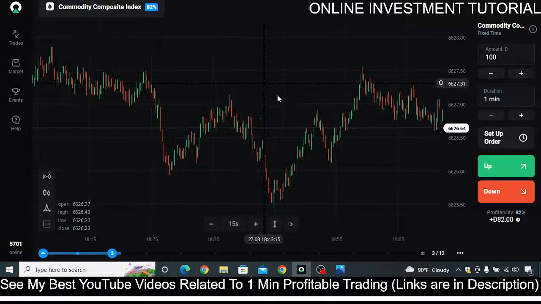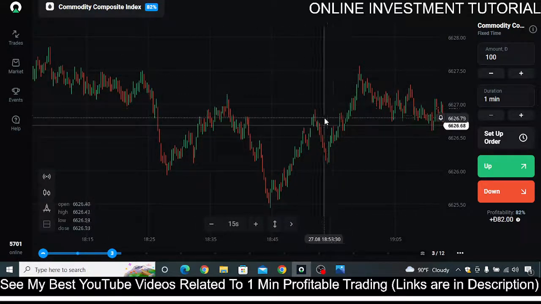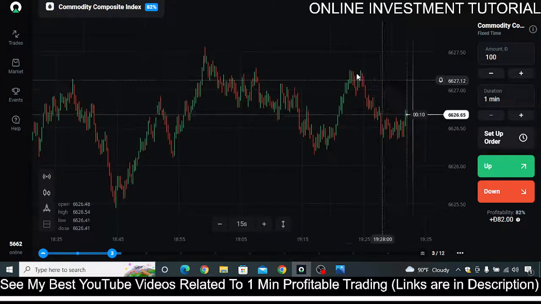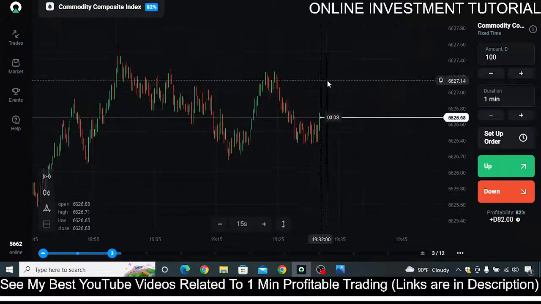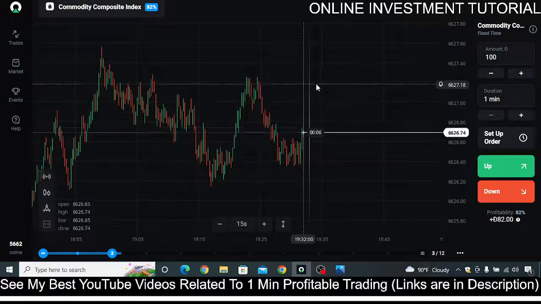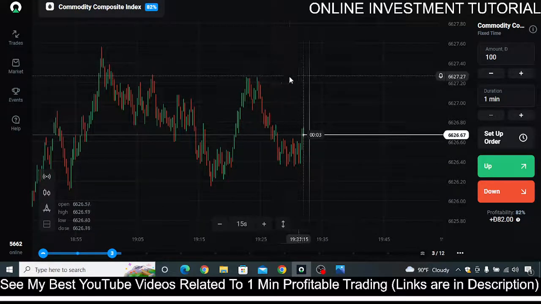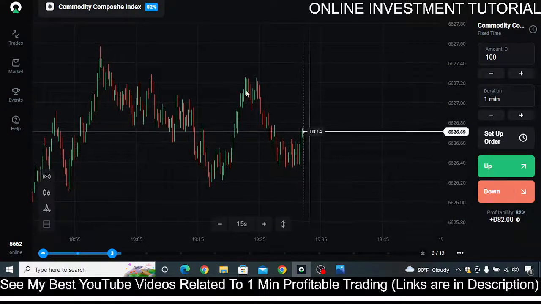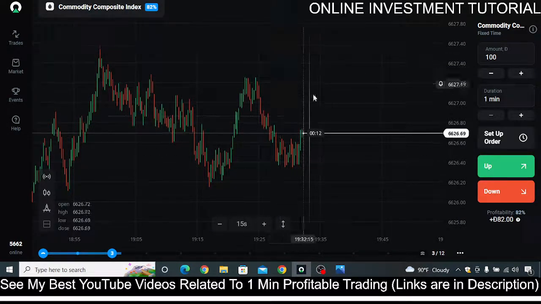And similarly, this is also resistance, it is a little bit lower, okay, but here the market is disturbed a little bit, and here is the resistance. And similarly, now the market is going up from support, and when it reaches this level, then you can take risk and click on this down trade and make a trade.